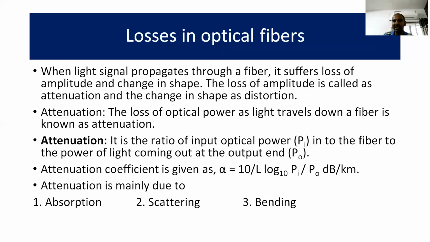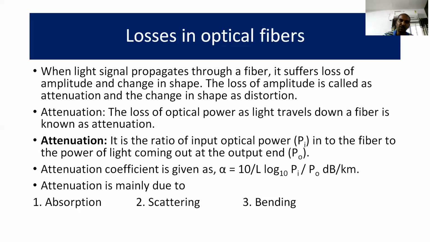Optical power input is represented with Pi and optical power at the output end is represented with P naught. Therefore, the attenuation coefficient, which is represented with alpha, is 10 by L into log base 10 of Pi by P naught, in decibels per kilometer. Here L is the length of the fiber, Pi is the input power and P naught is the output power, and decibel is the unit to represent transmission loss.